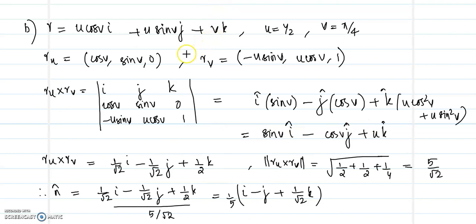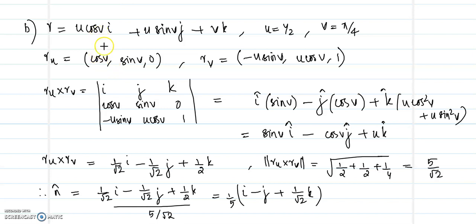And another example is when you have r equal to u cos v i plus u sin v j plus v k, and we need to find the tangent plane when u is equal to 1 by 2 and v is equal to pi by 4. So let us find ru and rv.